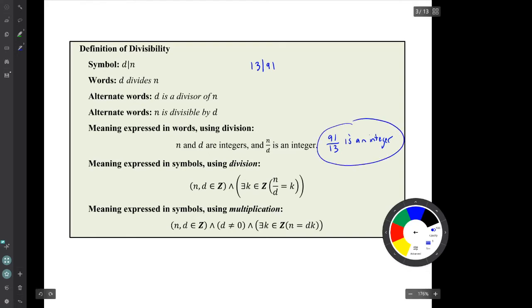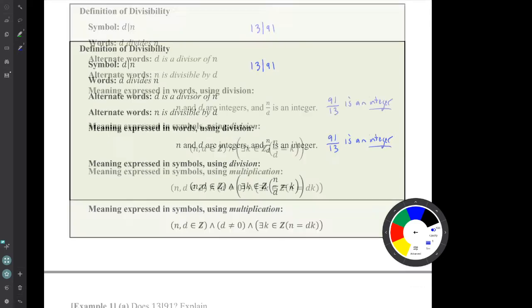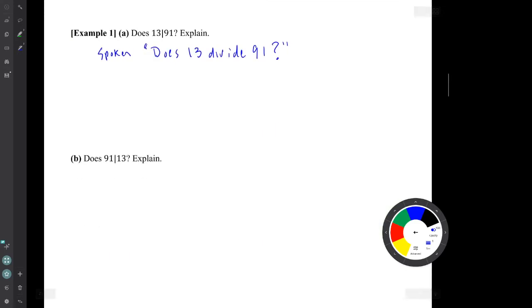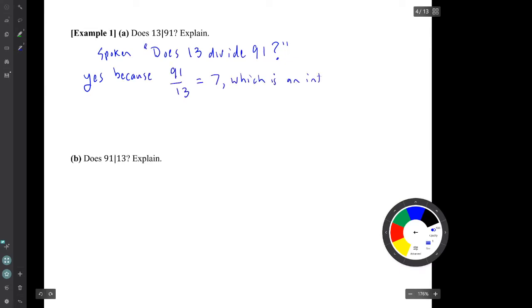So this certainly seems true, but to confirm that it's true, you really have to give the integer that makes it work. So the answer is yes. So that's confirming that the answer is yes, using the idea of division.